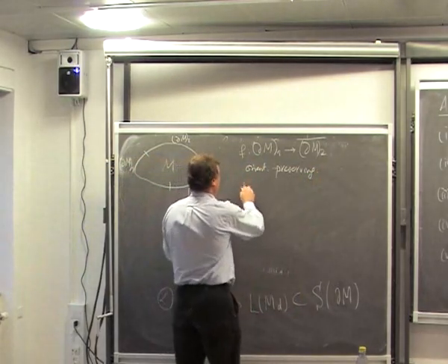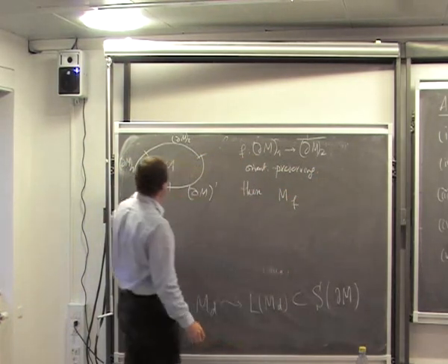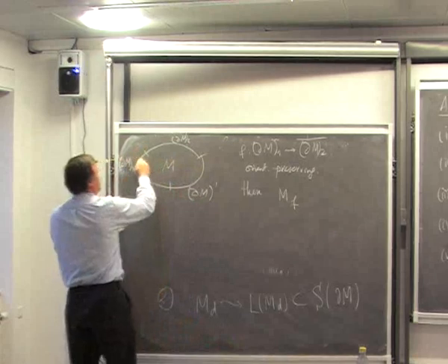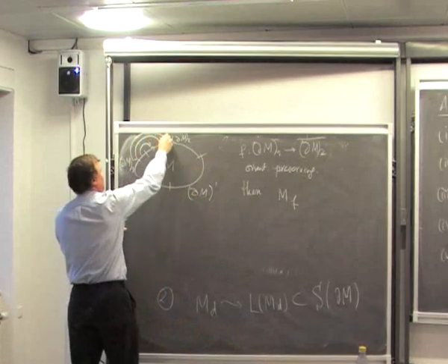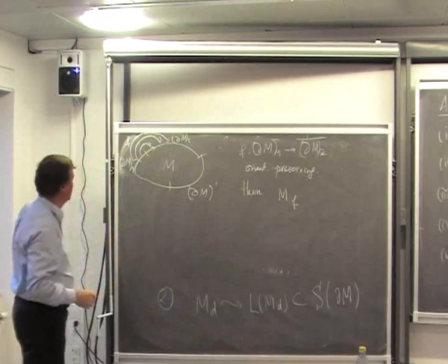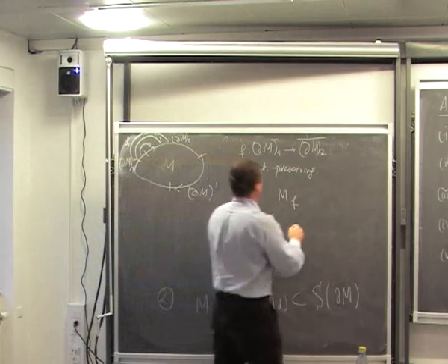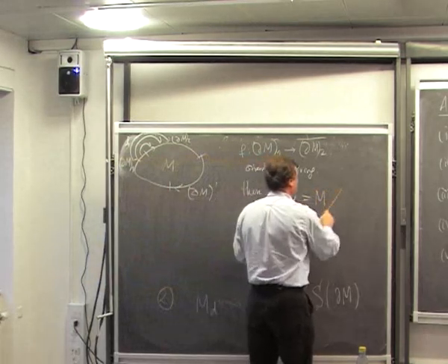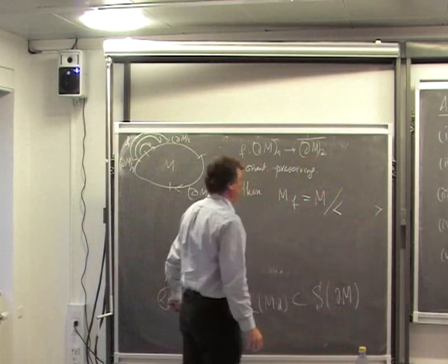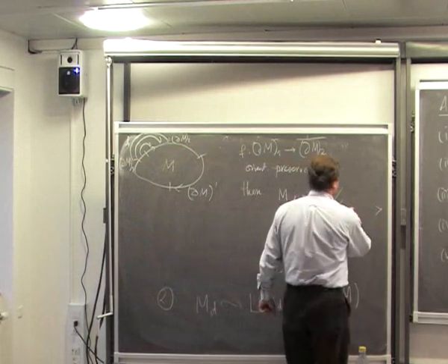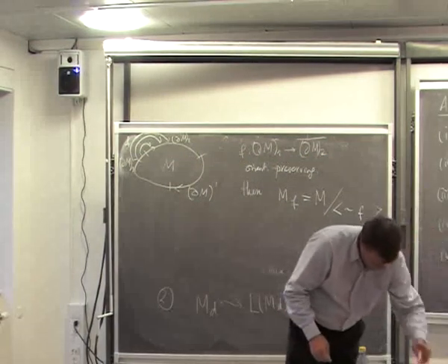Then we can glue, getting F_M. So it's something like this. This is F. This is the orientation of the boundary. So it's M, and then the result of the gluing, the equivalence induced by F.